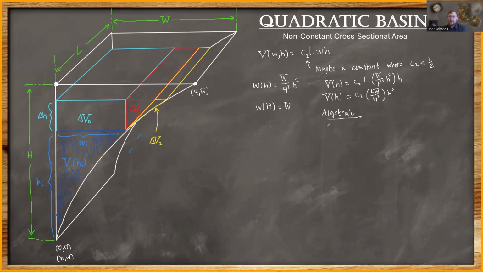All right, so we're going to take the difference, delta V, of both sides. And what's that going to expand into? It's a difference of two cubes.